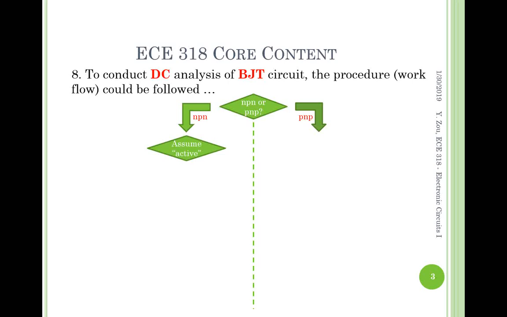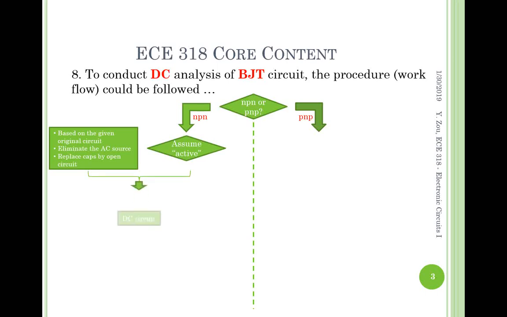Based on the given original circuit, we eliminate the AC source and replace the caps by open circuits to come up with the so-called DC circuit. From this circuit, we write equations so that we can calculate the variables we need.